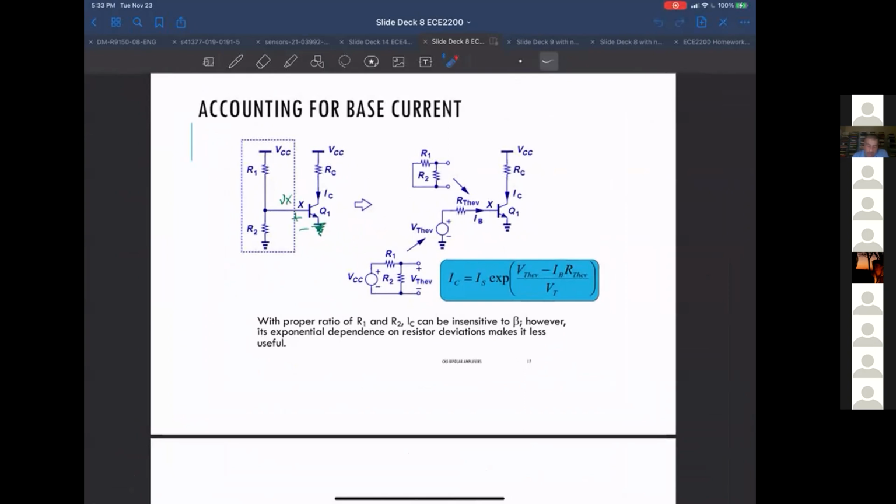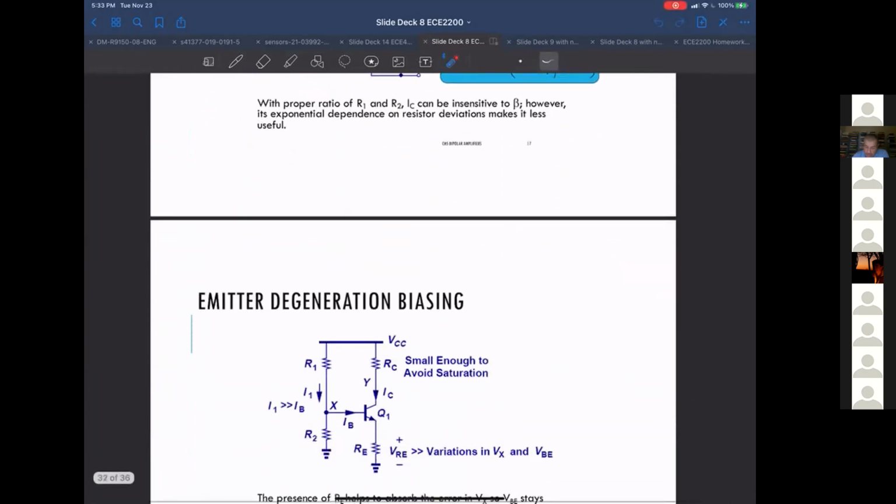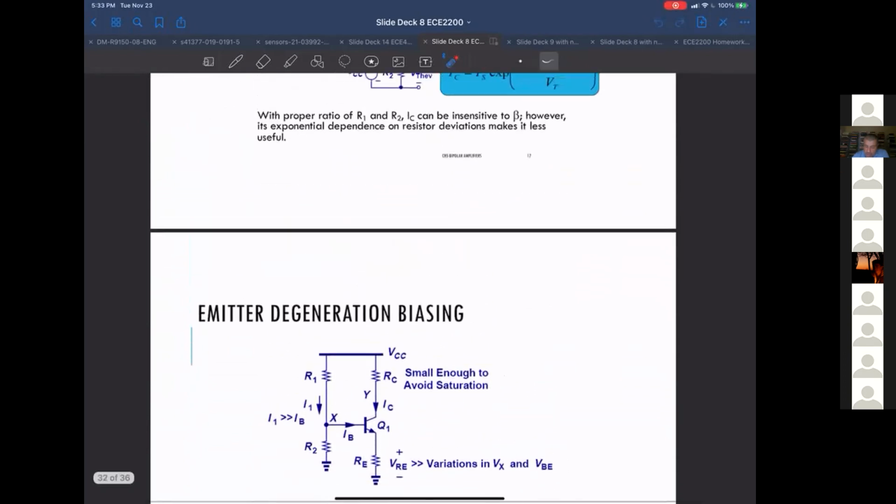I mean, they kind of all work, but you can use them, the question is, can you live with the variations? And I think the first few, we couldn't really live with the variations.